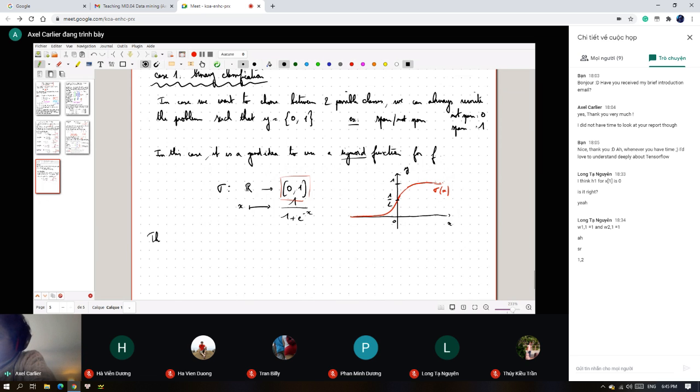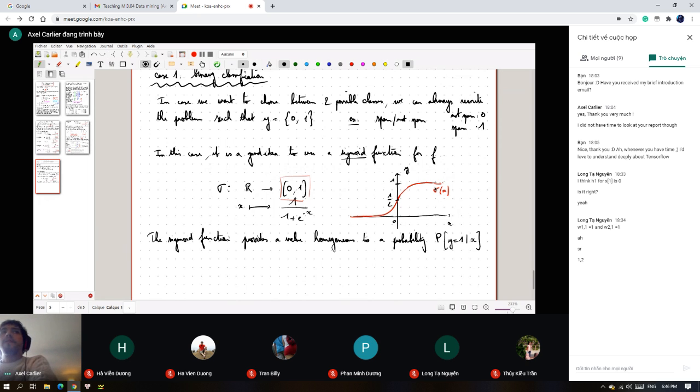The sigmoid function provides a value that is homogeneous, meaning very similar to a probability, which we could write P of y equals 1, knowing x.